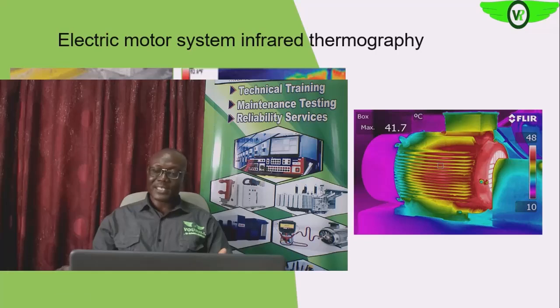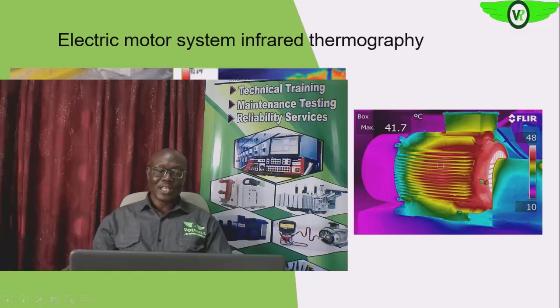Are we getting it? So our delta T in this case will be around 16 degrees Celsius. 16 degrees Celsius delta T is okay. But anything above 40 degrees Celsius means that something bad is already happening on any equipment, especially the electric motor system.